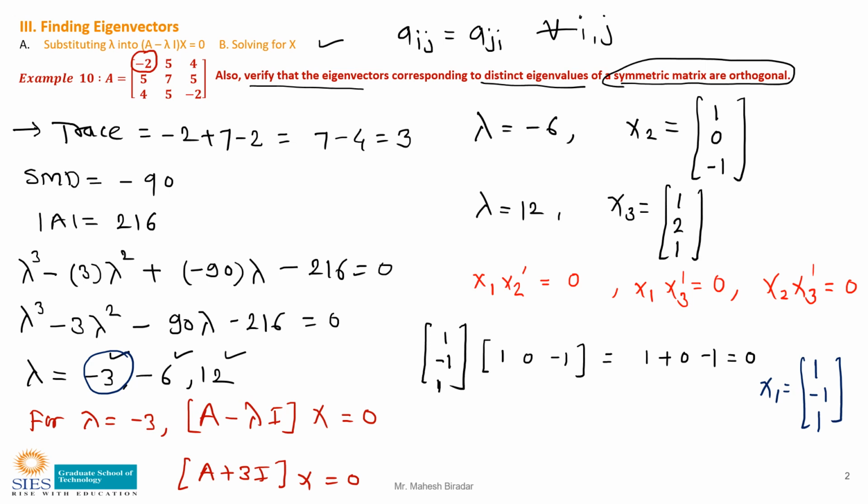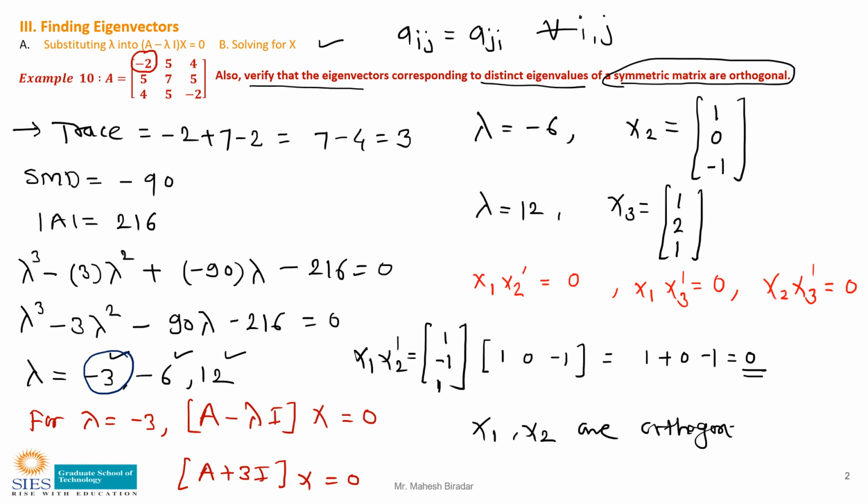So here the product of x1 and x2 dash is 0. This implies that x1 and x2 are orthogonal vectors.